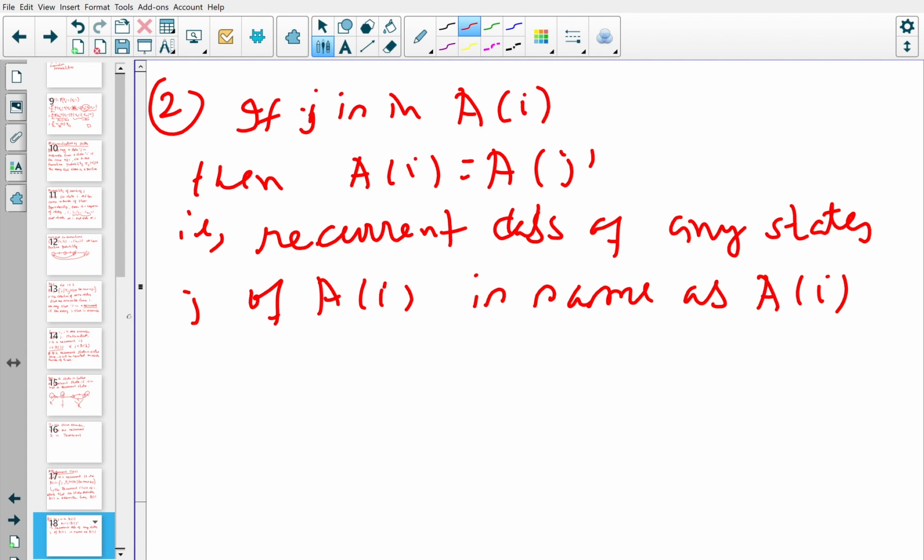Remark, or you can say the final portion.